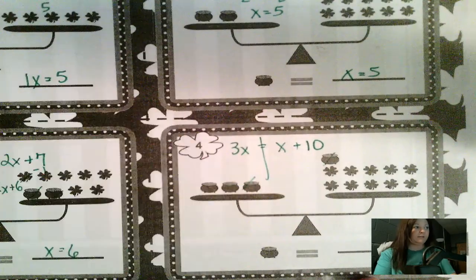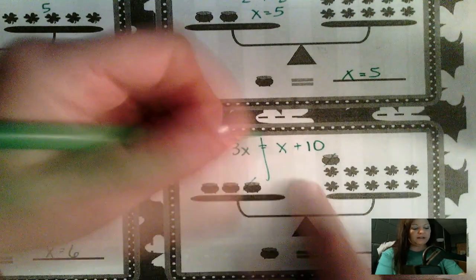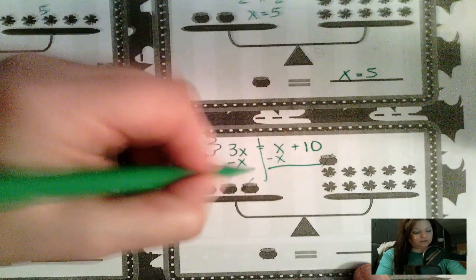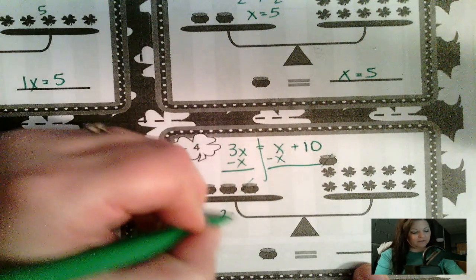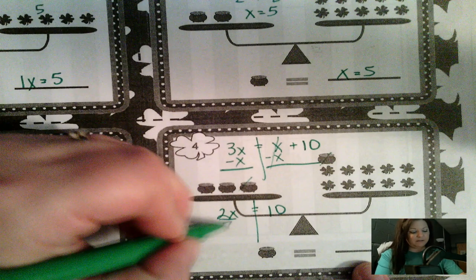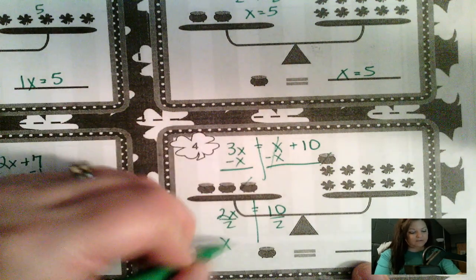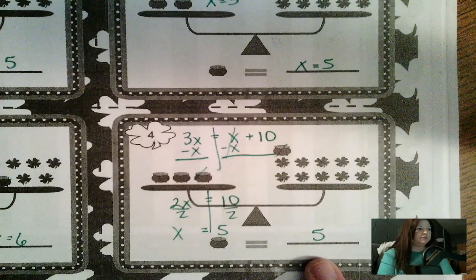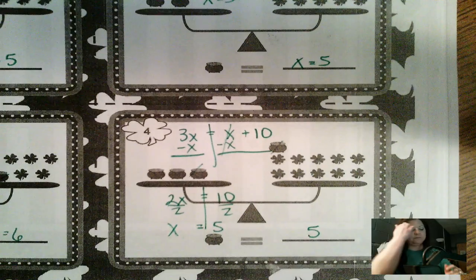In an equation that's like subtracting x on both sides. So now we have 2x is equal to 10. And we know that's a one-step equation, so what we do is divide by 2. x is equal to 5. Okay, that is our answer for that pot of gold.